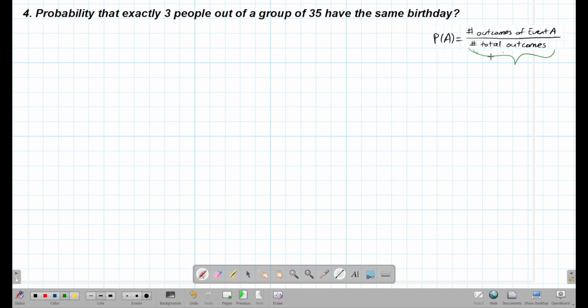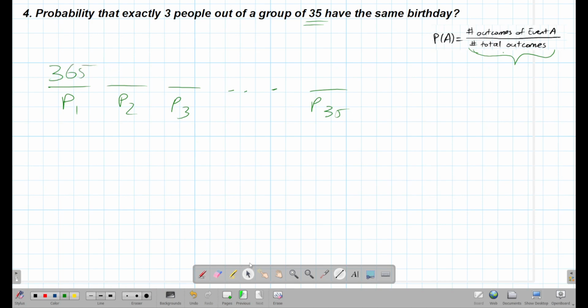I'm not gonna draw all of this, because we have like 35 people, but I'll draw some of it. So we're gonna have person 1, person 2, person 3, all the way up to person 35. Person 1 has 365 days of the year that they're allowed to be born in.